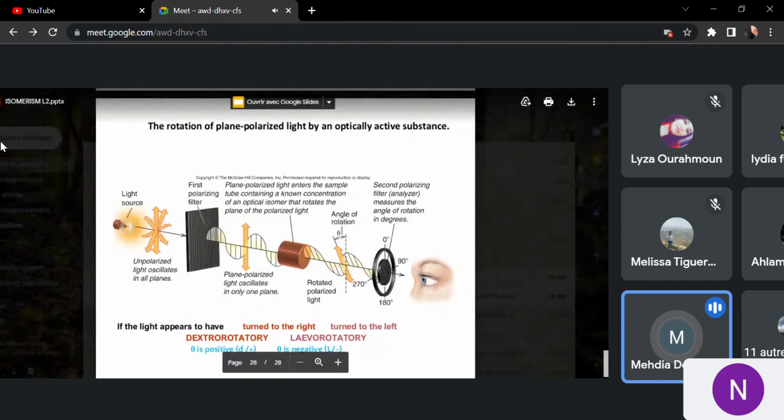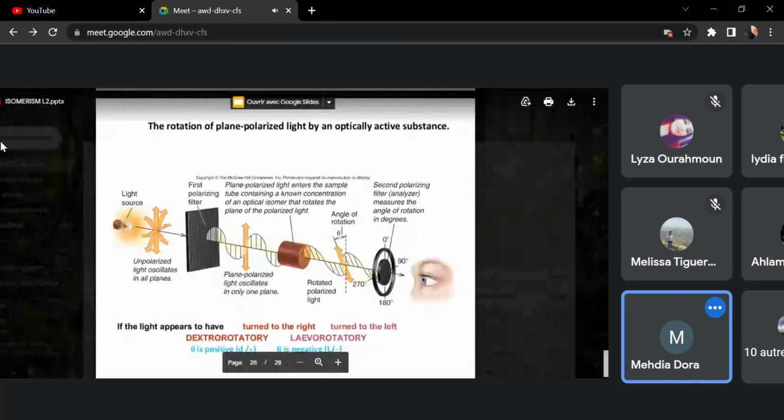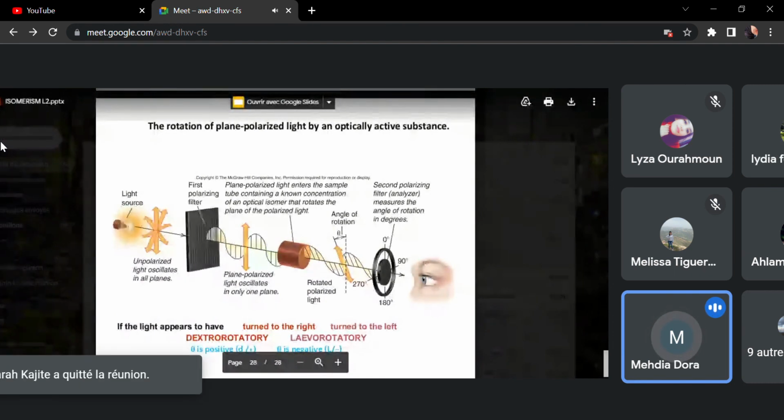When we say a molecule is dextrorotatory, it means that it turns the light clockwise. We can rotate the plane of the light clockwise.